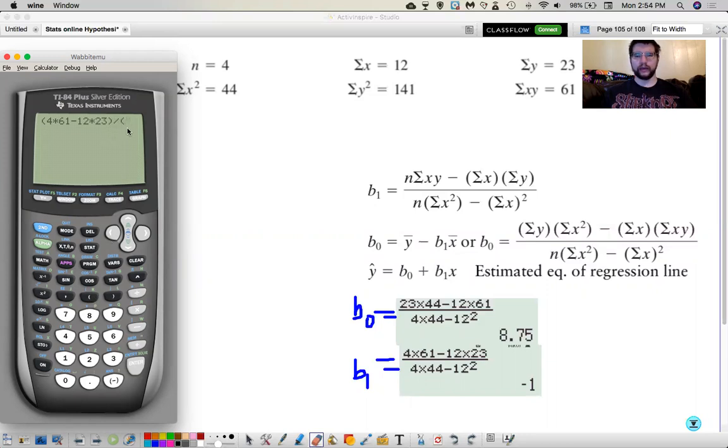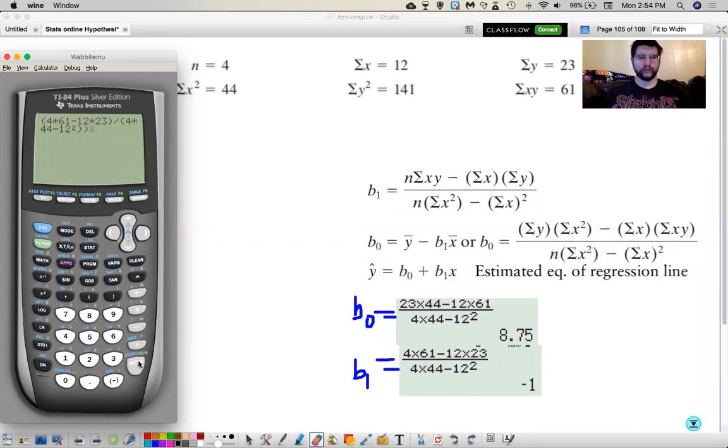And then we're dividing that by 4 times sum of x squared, minus sum of x, squared. Close parentheses for the denominator.